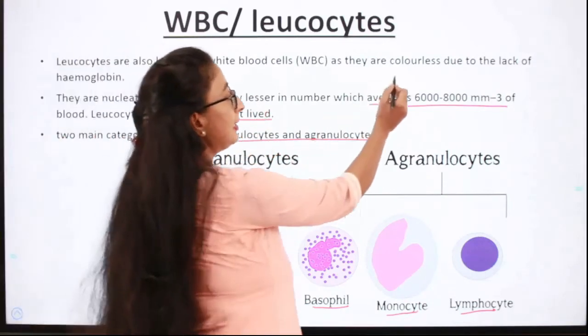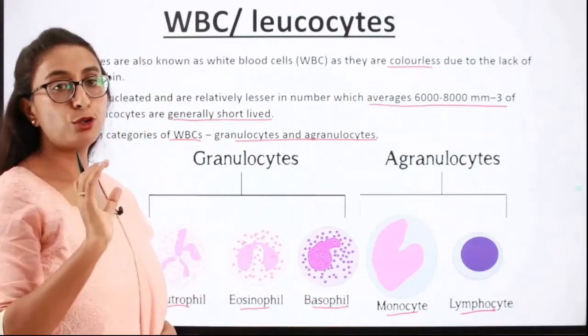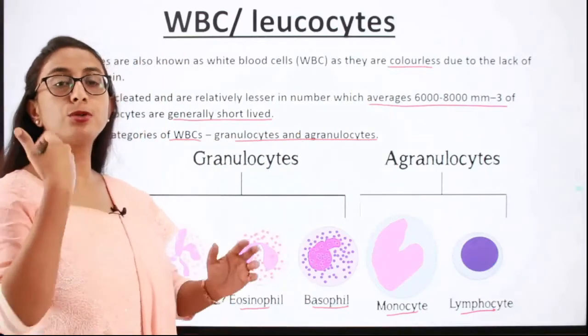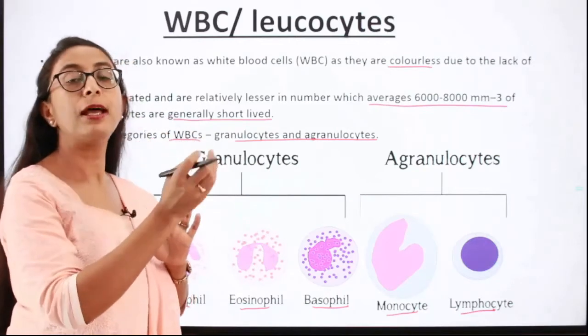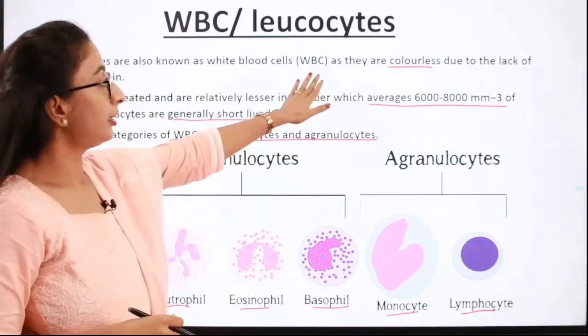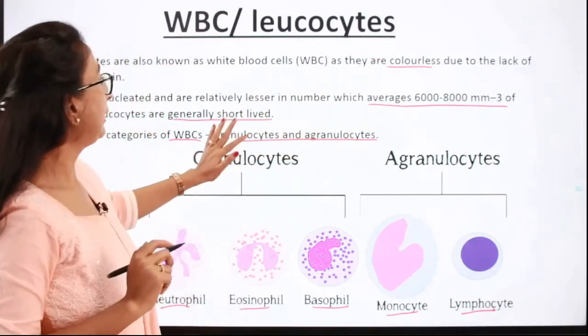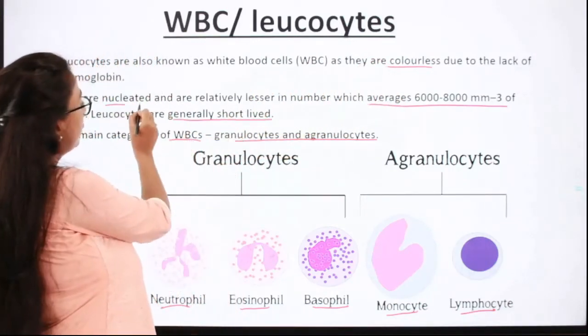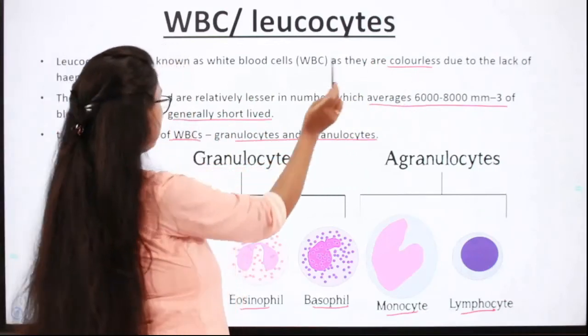WBCs are colorless because of the lack of hemoglobin. So this can also be questioned. So the presence of color in RBC is due to the presence of hemoglobin, which has the heme component. So here in WBC they are colorless due to lack of hemoglobin, and then they are nucleated. Okay, and then this is the amount of WBCs that is present.